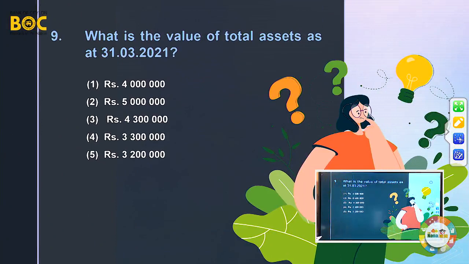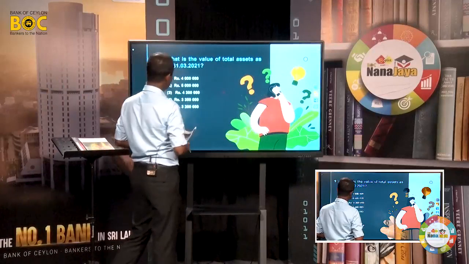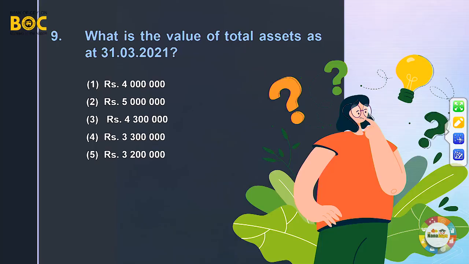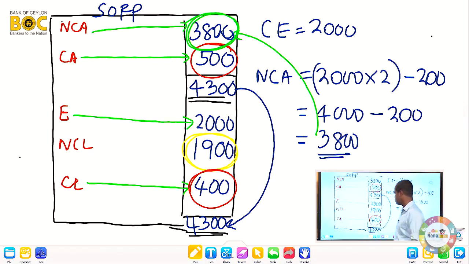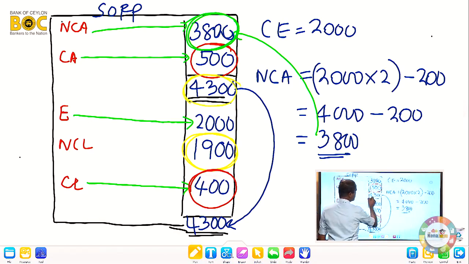Question number 9. What is the value of total assets as at 31st March 21? We'll go back to our calculations.